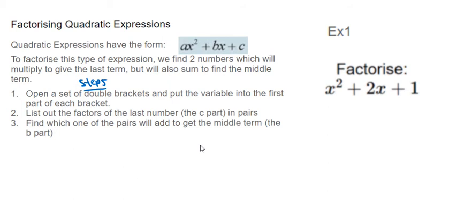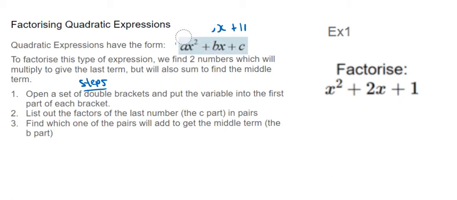So first of all, quadratic expressions, ax squared plus bx plus c, the a, b and c could be any numbers. For these ones, we're just using 1 as the a value. You could have any number like 5 for the b part, and the same with the c, you could have 11, or any number.